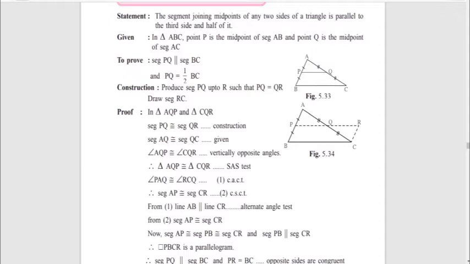See, from equation 2 we have segment AP is congruent to segment CR. In between we can introduce segment PB because segment AP is congruent to segment PB because P is the midpoint of segment AB. So connecting all these you can write segment AP is congruent to segment PB is congruent to segment CR. Therefore we have segment PB is congruent to segment CR. And also we have segment PB is parallel to segment CR.